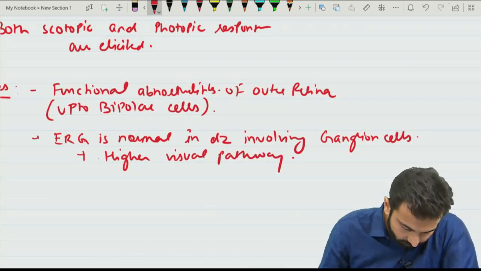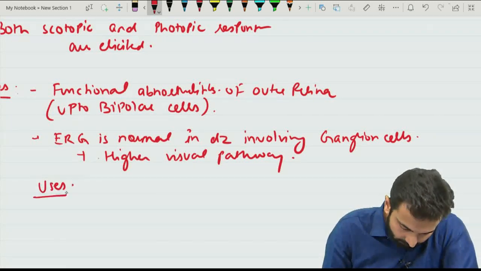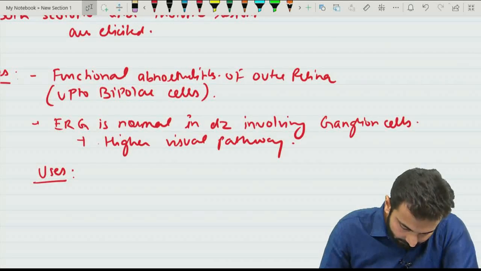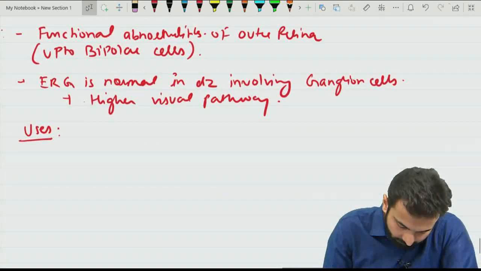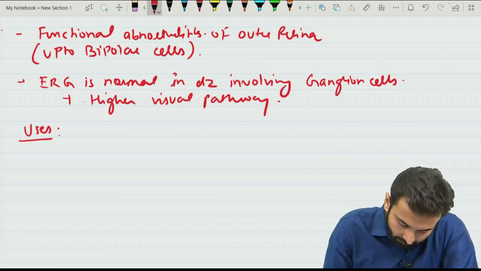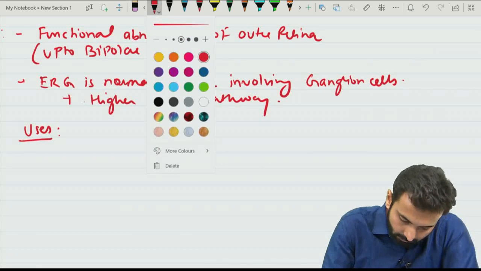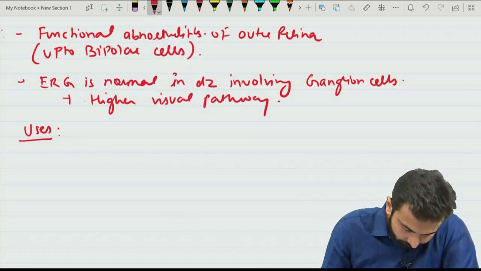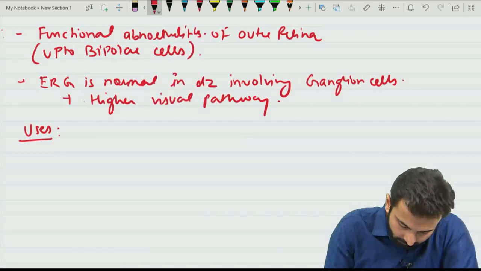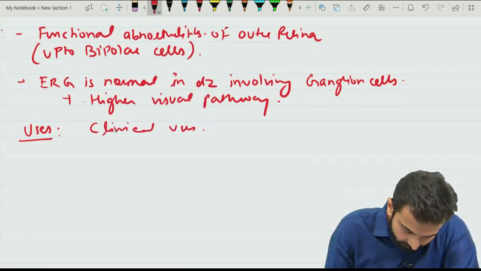Now coming to the diagnosis or the uses of ERG, write down what the clinical applications of ERG are. It is useful in retinitis pigmentosa. We do it in retinitis pigmentosa. So write down clinical applications or clinical uses.